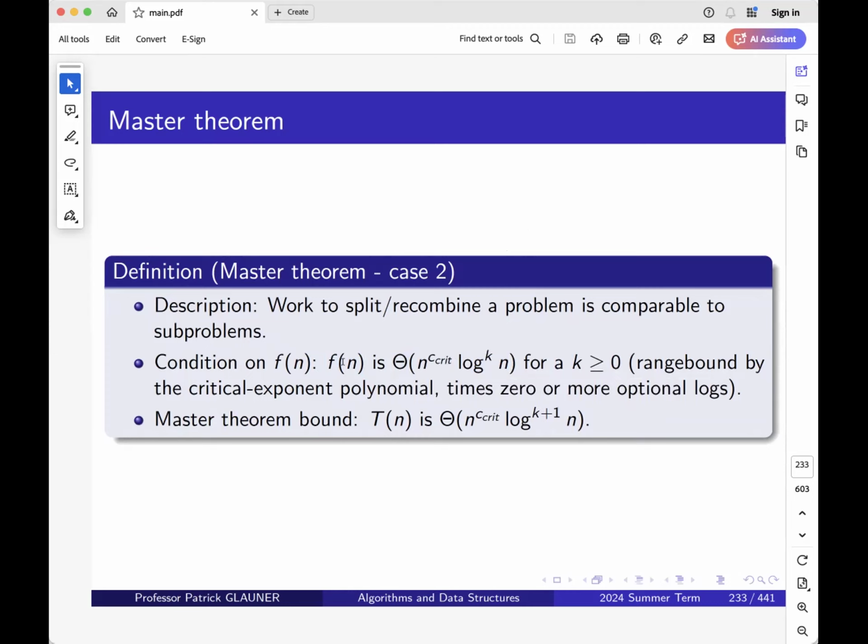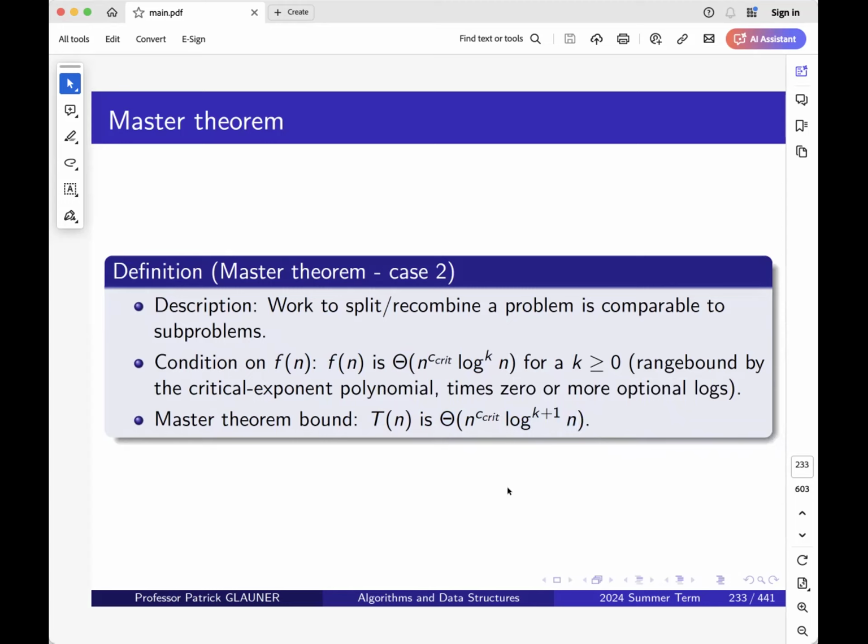So if f of n falls into this one here for a k that is greater than or equal to 0, then the work on splitting and recombining is comparable to the work in the subproblems. And then T of n is theta of n to the C critical times log n raised to the power of k plus 1.